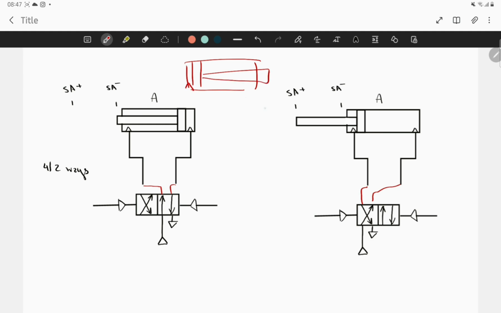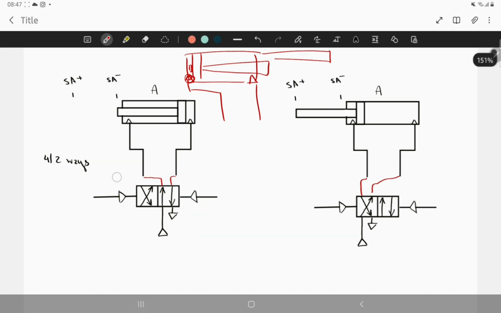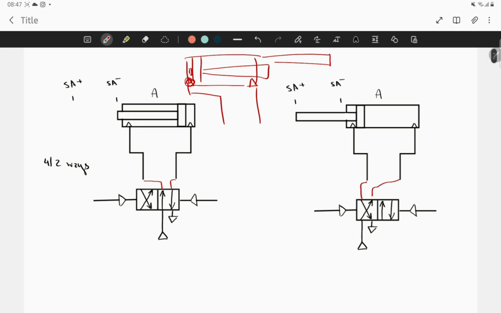But then you need to change the way that the valve activates the piston to go out, because that way, if you apply pressure on the left, it would activate the piston and not deactivate it as it is in this example. So you would need to change the direction of the arrows.